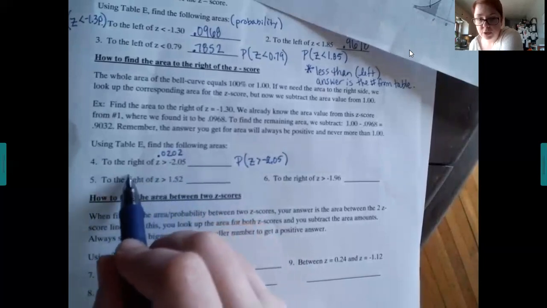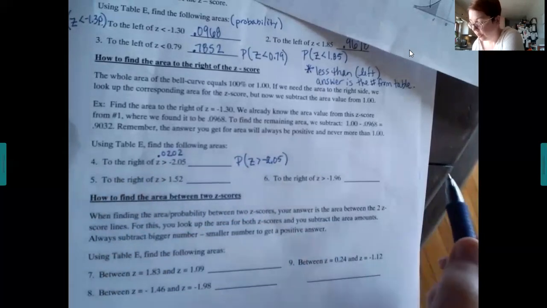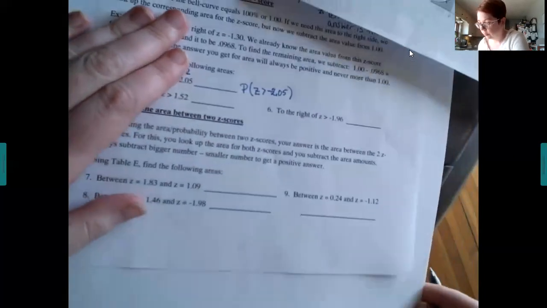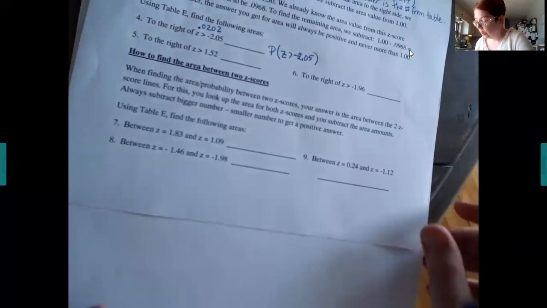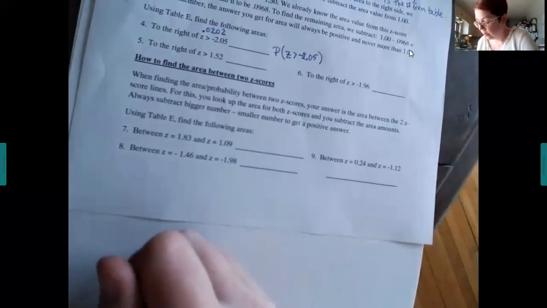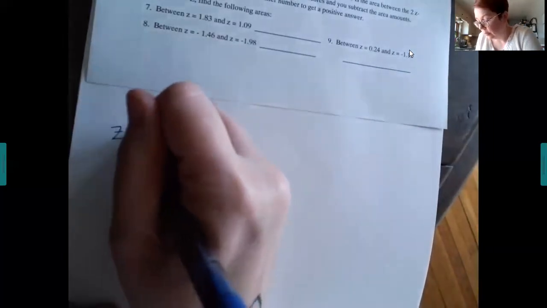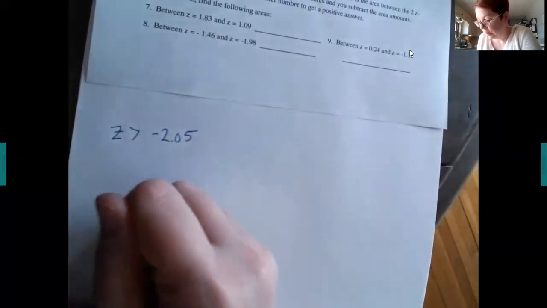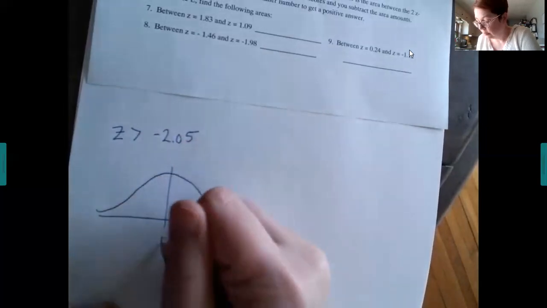But because it says to the right or greater than, we need to find that other side of it. All right. So we have z is greater than negative 2.05. I'm going to think about where that is.